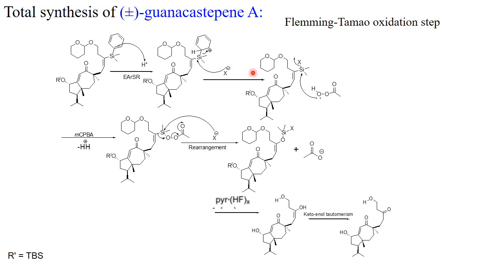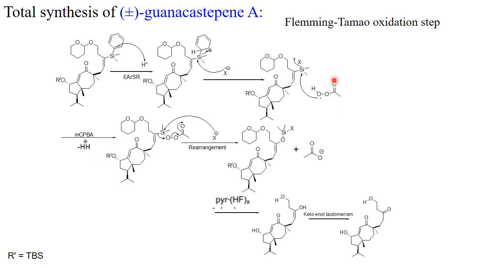In this step, the 1,5-dicarbonyl compound is prepared. See over here, this is our reactant. Here this carbon is bonded with the silicon. It's a phenyldimethylsilane.